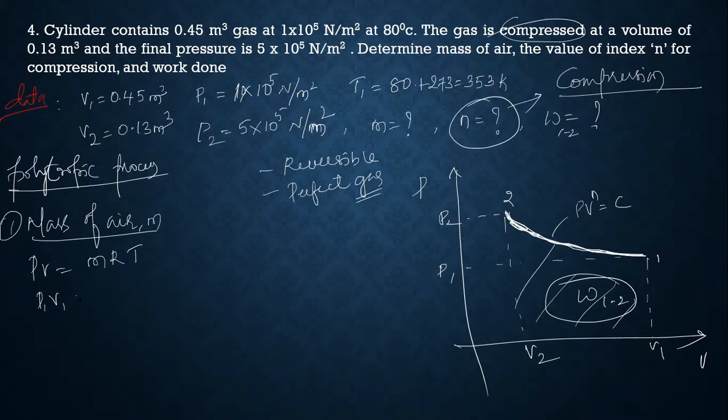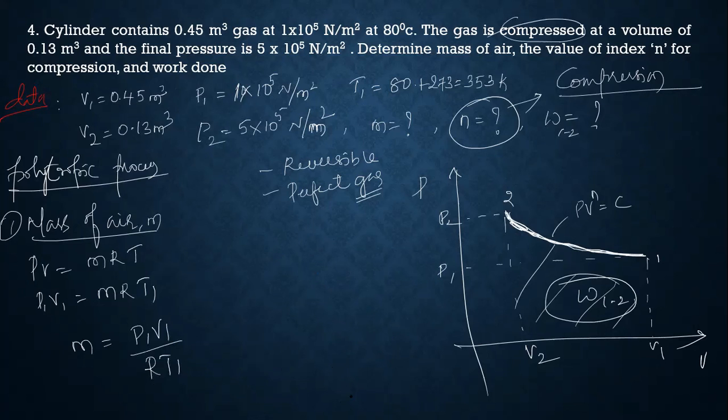Therefore, I can write it for the initial state, P1 V1 is equal to mRT1.